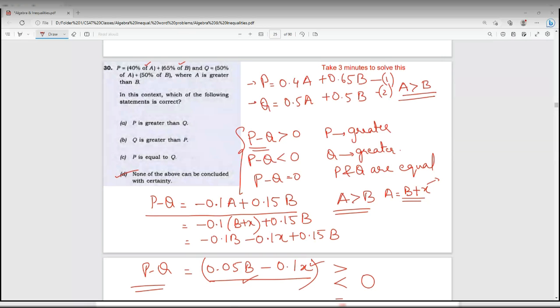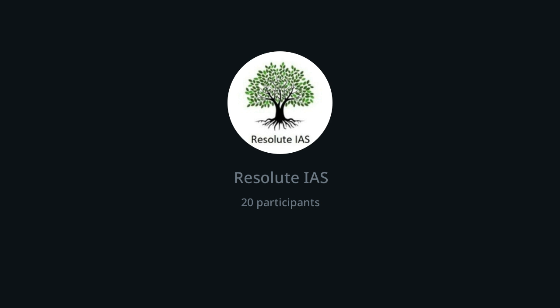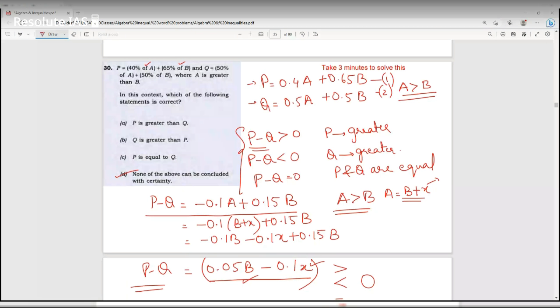Yeah, please ask. Sir, can't we substitute a value, like can I consider A as 100 and B as 50 and then solve the question, because it's given that A is greater than B? Yeah, but the problem is you don't know how much A is greater than B. In this equation, the difference also matters.